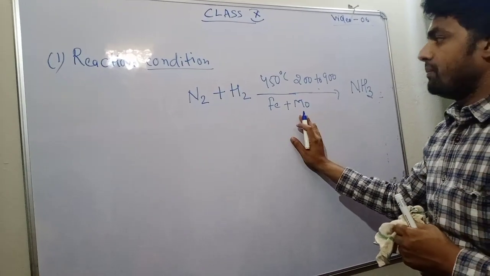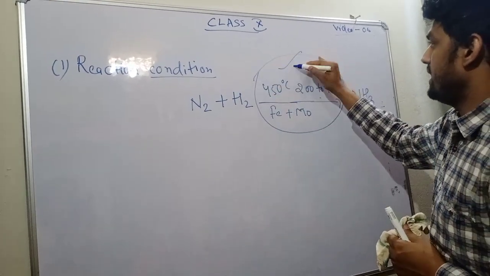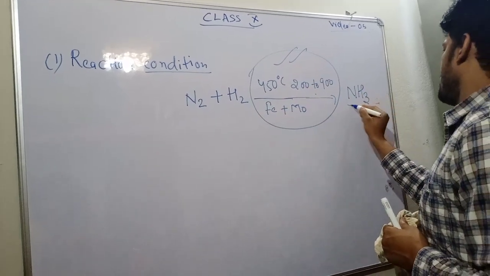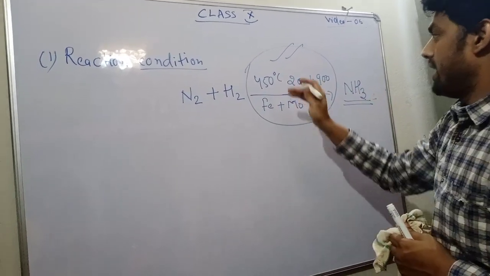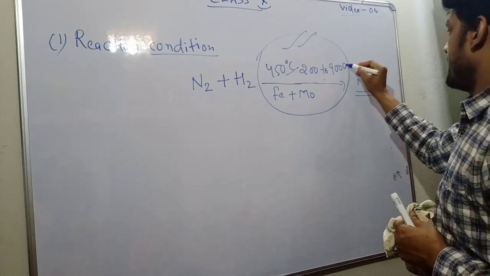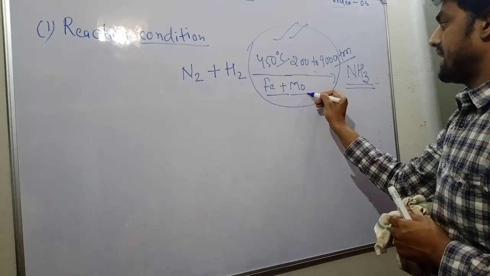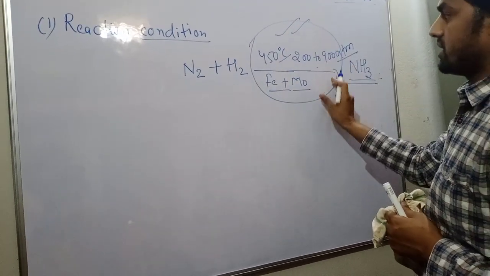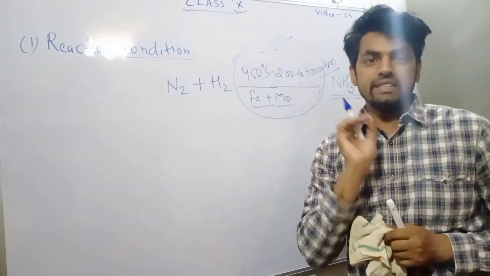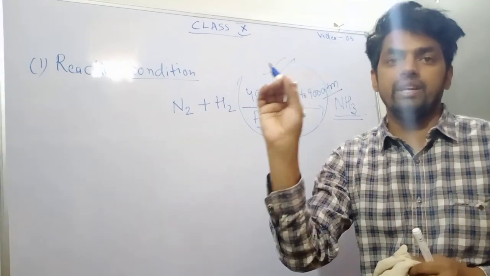From this example, these are the conditions required for the formation of ammonia, and while writing degrees Celsius, atm atmospheric pressure, and the catalyst, in this portion we can easily explain what conditions are required for the formation of any product.